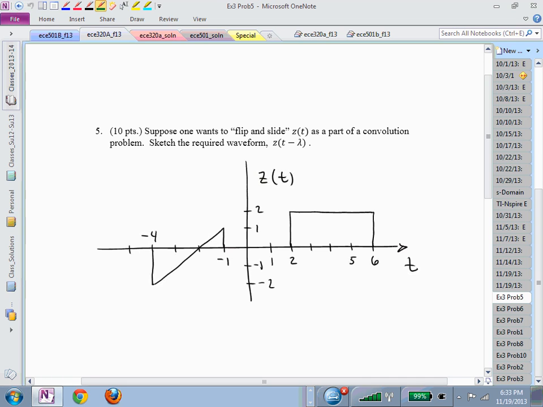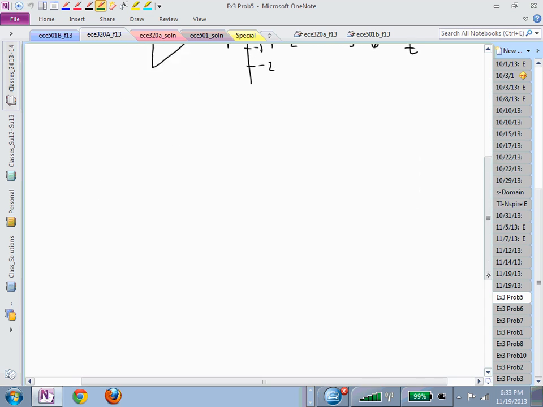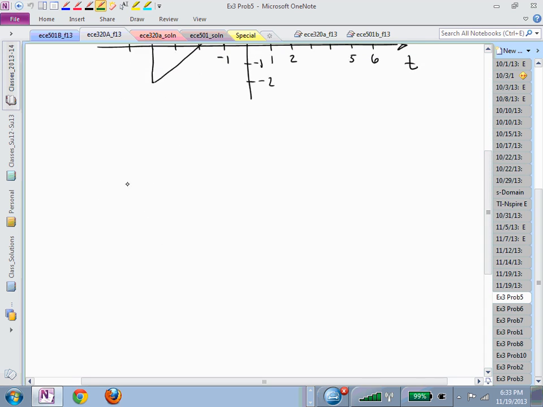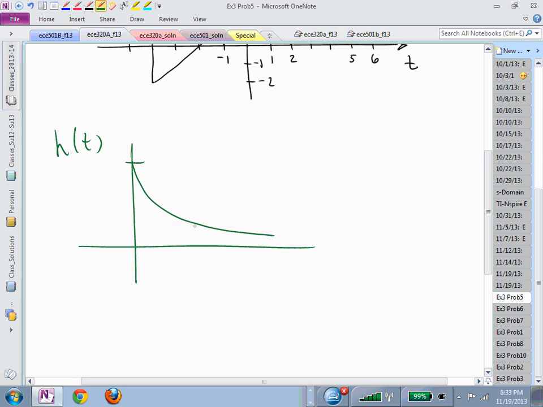So the question was, this z of t is just the input. That's independent of the impulse response. So now you have to be told what the impulse response is, and that's not a part of this problem. But if I said h of t is the impulse response of the system that z of t is being applied to, maybe it looks like that.